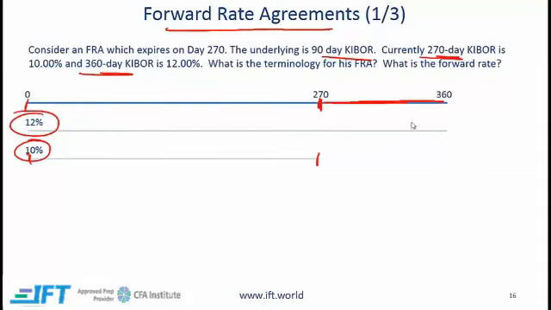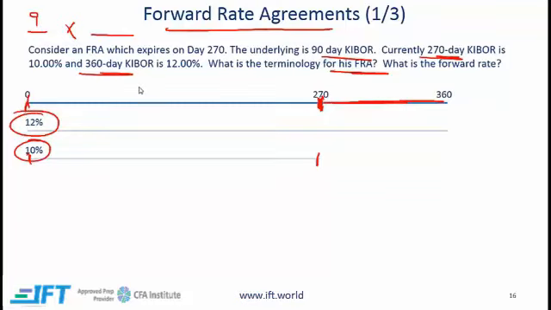Recall from level 1 that the terminology of this FRA is the following. So you need to write something times or by something. The first something represents when the hypothetical underlying loan starts. In other words, this is the point where the FRA expires. So 270 in terms of months would be 9.